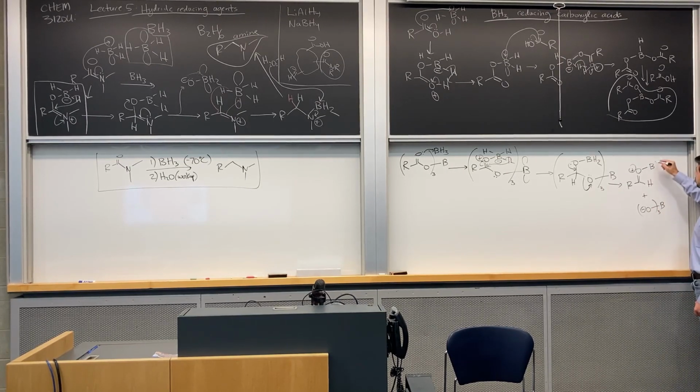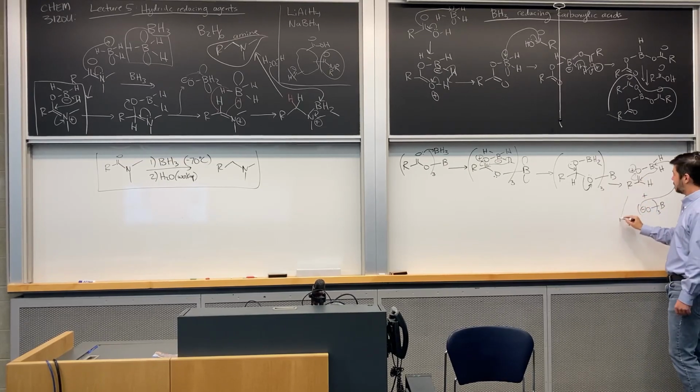So I'm just going to redraw this in a slightly different way. What's going to happen is that oxygen likes boron, and these in solution are going to come and attack this boron, and then you're going to get hydride attack at this electrophilic carbon, and then push electron density up to that oxygen.